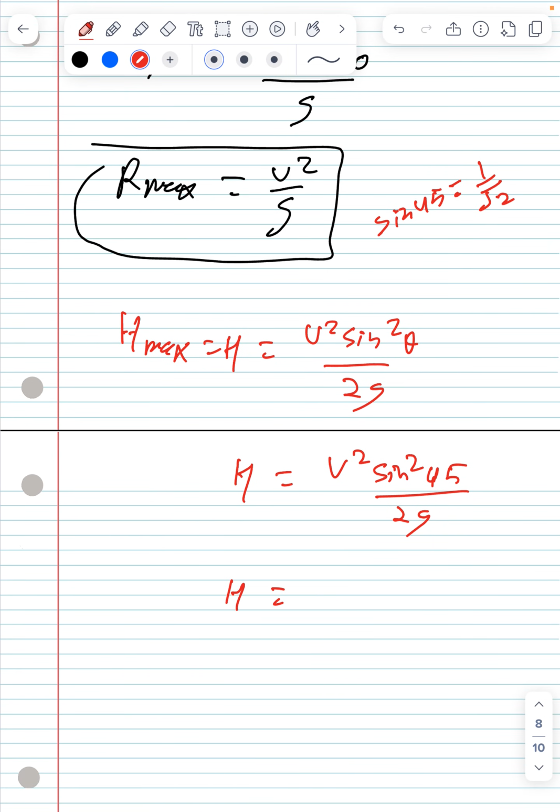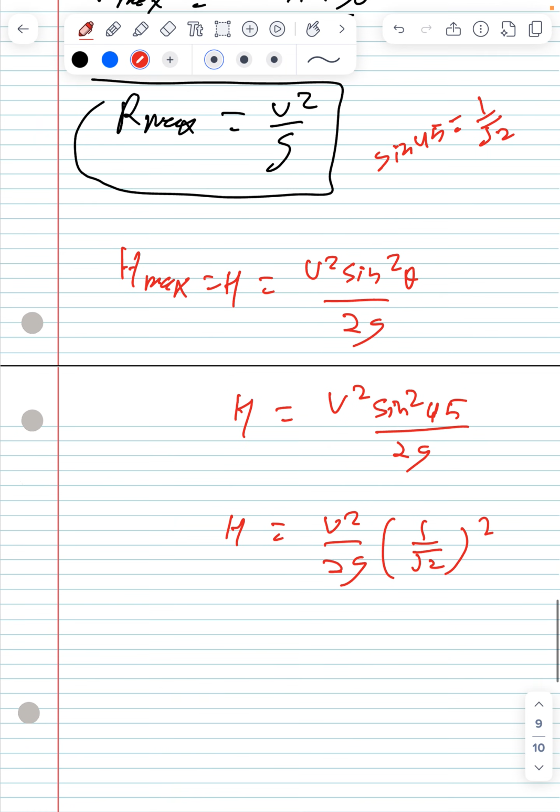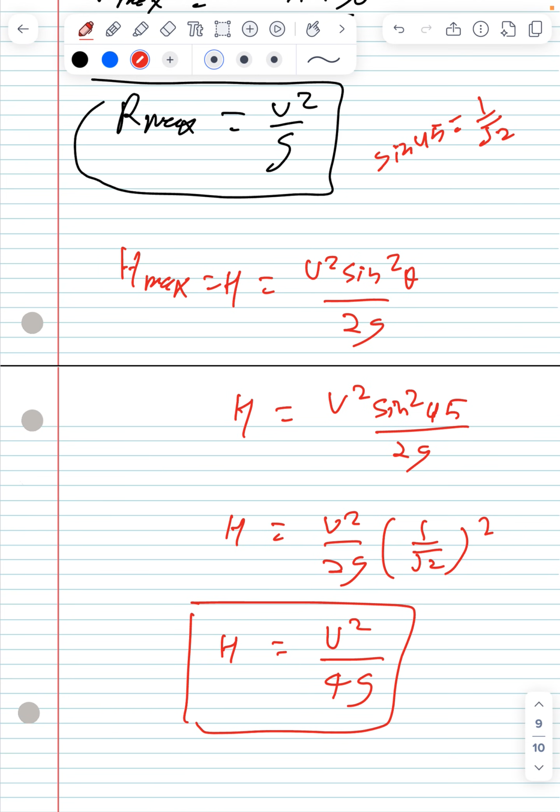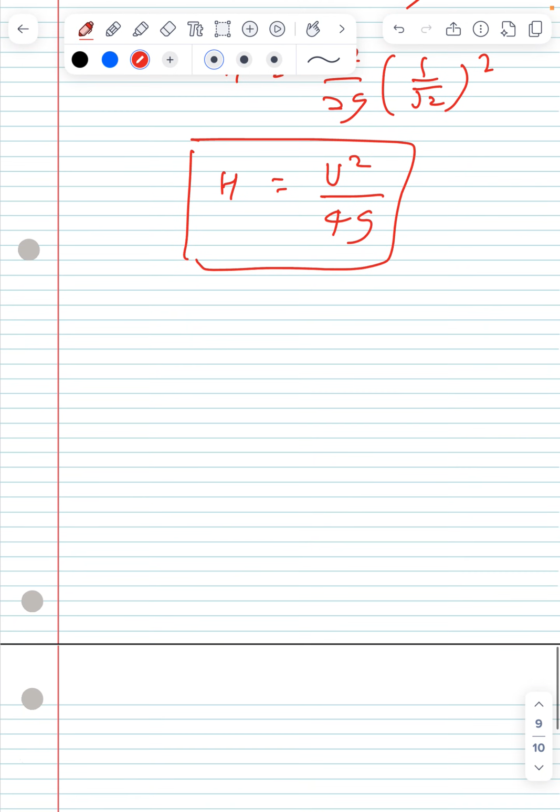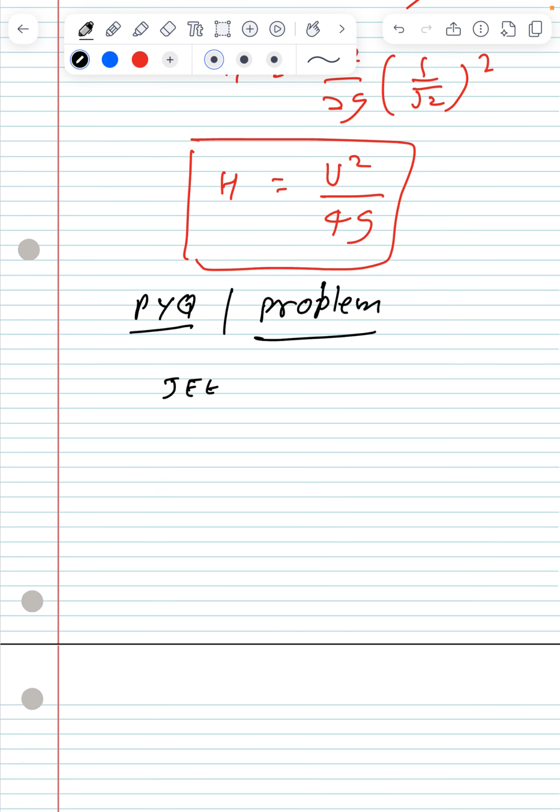H equals u square sin square theta divided by 2g, and H equals u square sin square 45 divided by 2g, and the value of sin 45 is 1 by root 2, right, mean H equals u square divided by 2g times (1 by root 2) square, finally H equals u square divided by 4g. This is the value of height.